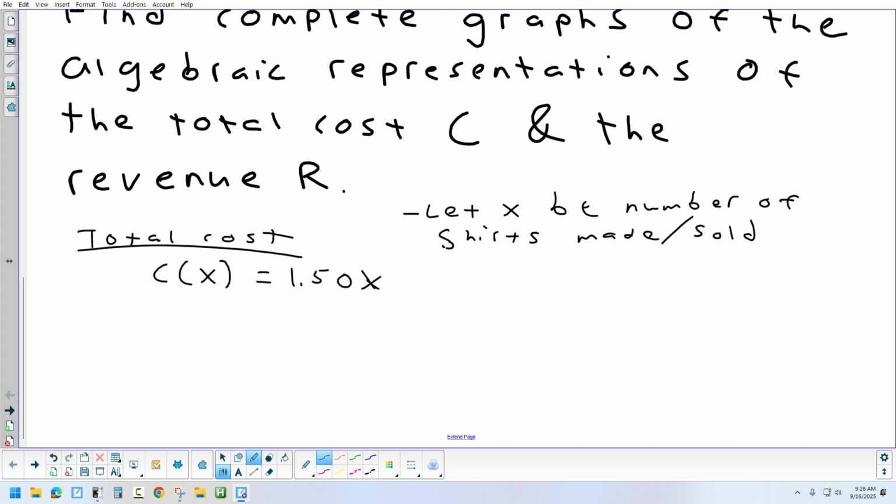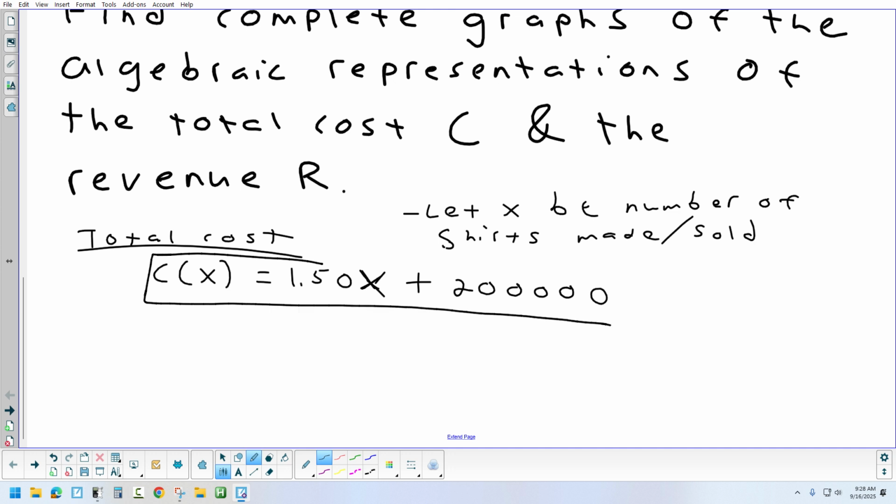So that's the variable cost. Now, what else do we have to put in that equation to account for the fixed costs? Yeah, 200,000. Plus 200,000. Okay, so there's a formula for the total cost to produce shirts.